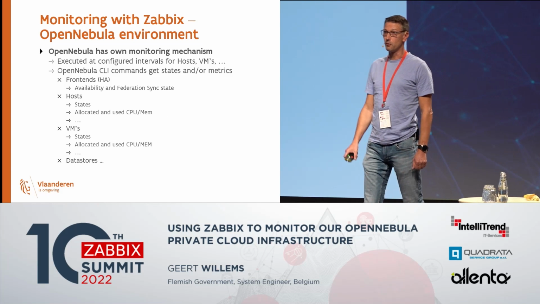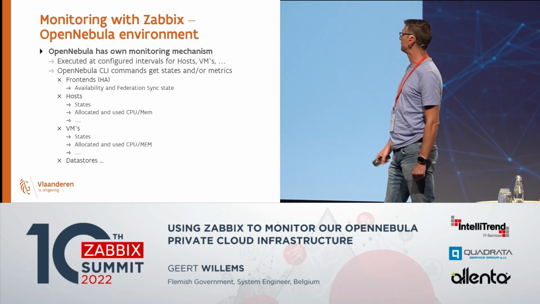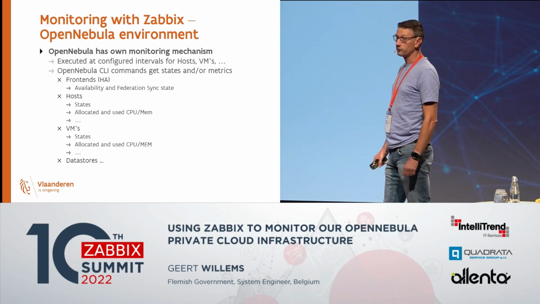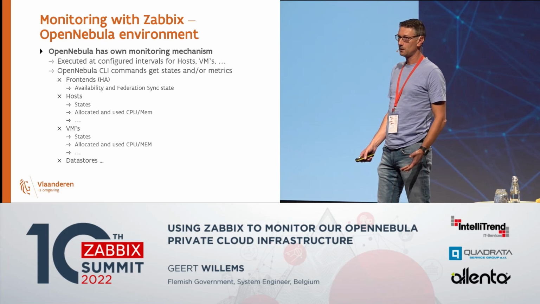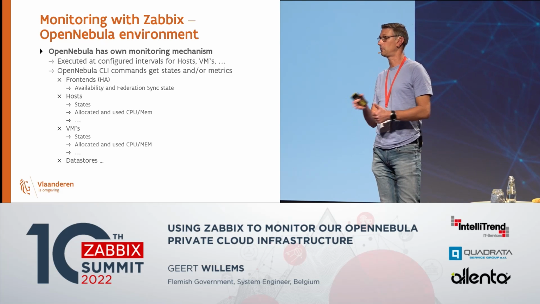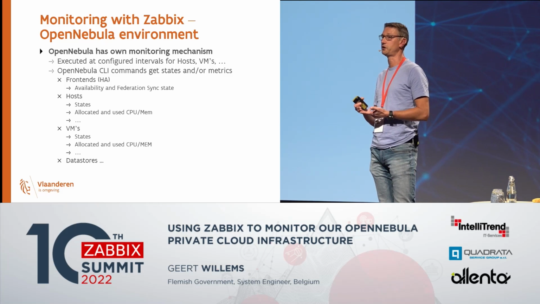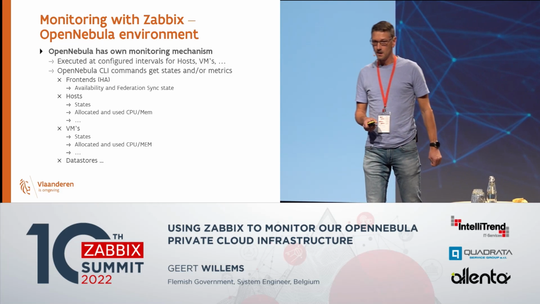So now, how do we monitor all this in Zabbix? Well, first of all, OpenNebula has its own monitoring mechanism, which is executed at configured interval times for the hosts, virtual machines, data stores, virtual data centers, and so on.